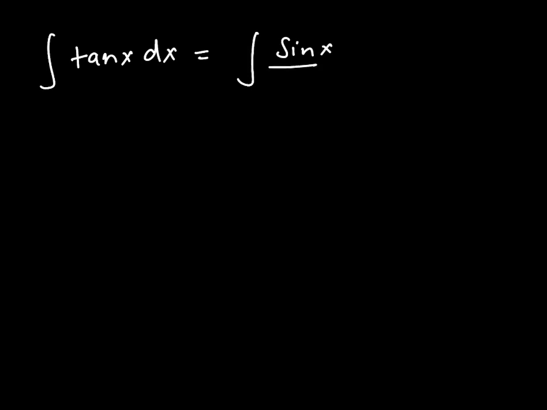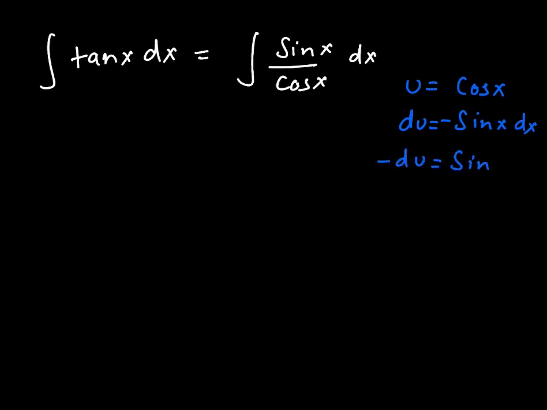First we're going to simplify it into sin x divided by cos x dx, and we will assume that u equals cosine x. So the derivative of u is going to be minus sin x dx, or minus du equals sin x dx.